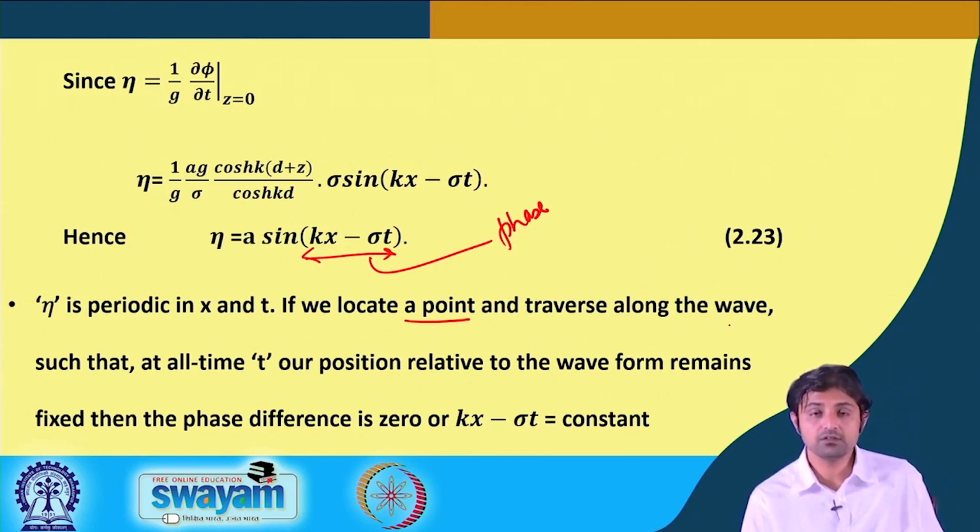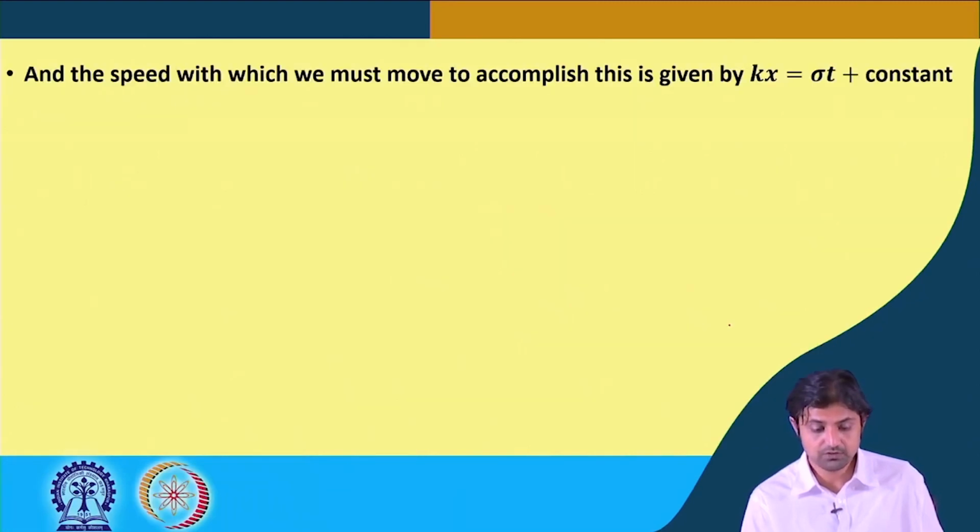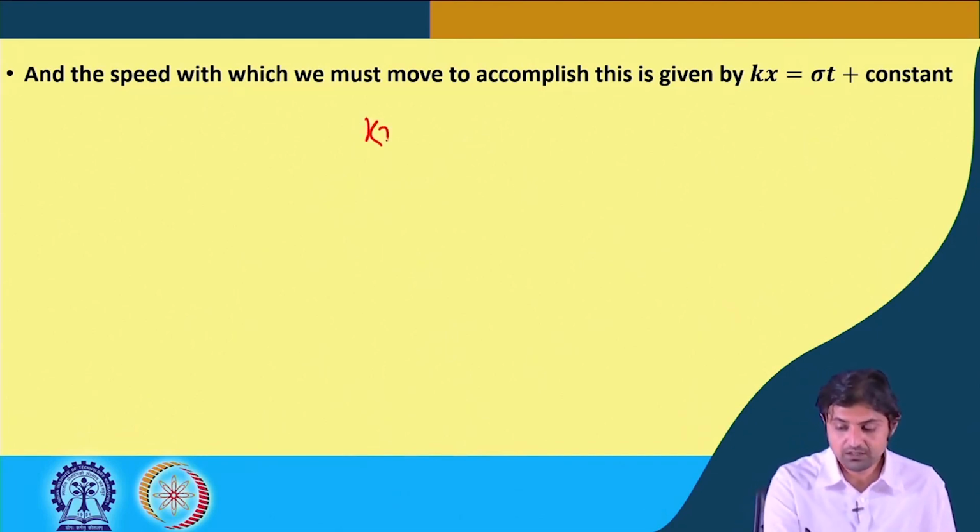Because if the phase is constant, the phase difference is going to be 0, and the speed with which we must move to accomplish this will be given by kx minus sigma t equal to constant, or kx is equal to sigma t plus constant, right.